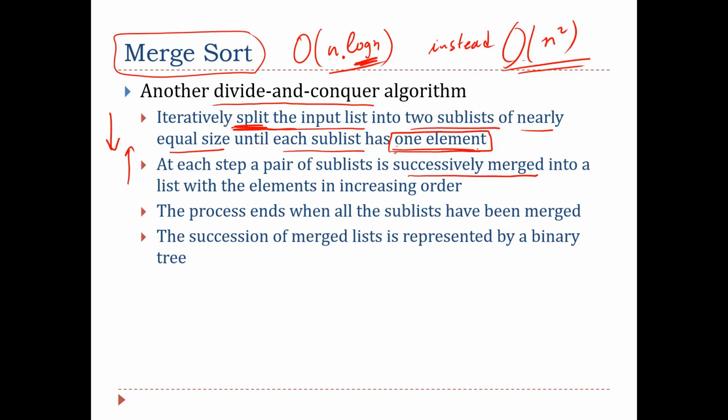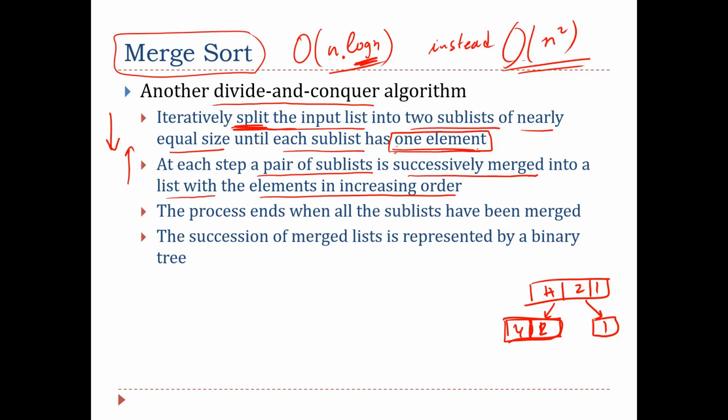So we merge the pairs of sublists successively into a bigger list, with the elements sorted in increasing order. So just in case we had this big list, let's say 4, 2, 1, we'd call the merge sort algorithm over 4 and 2 on one hand, and then 1 on the other hand.